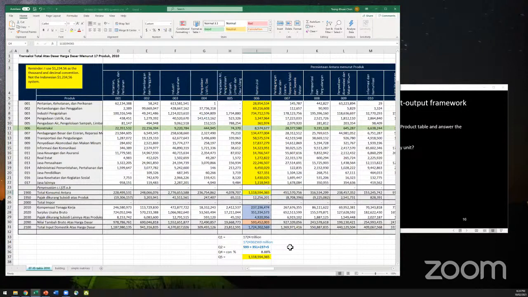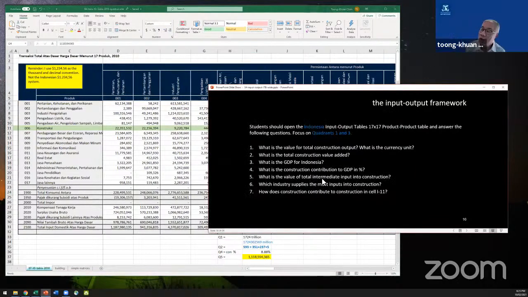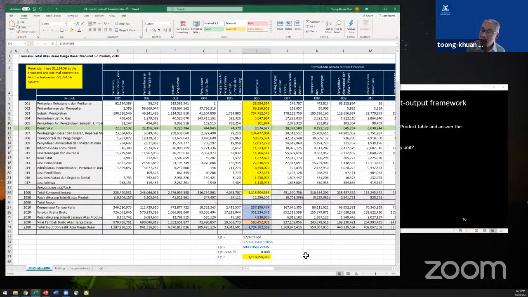Sector 006. Ah, yes, minus 8574. No, but that's total intermediate input. So we also count subcontractors. So that's fine. So it is 1118. So it's just this value because that is total konsumsi antara.